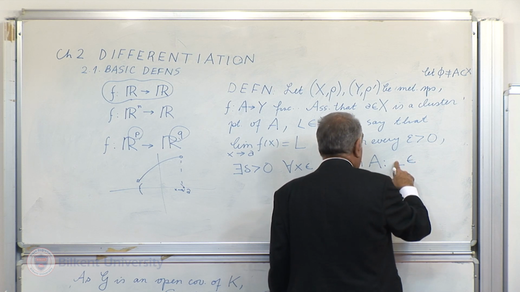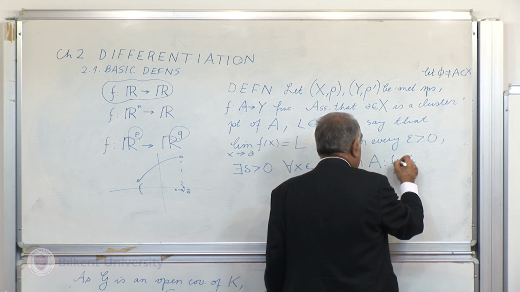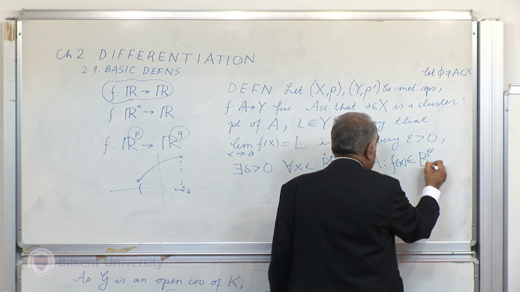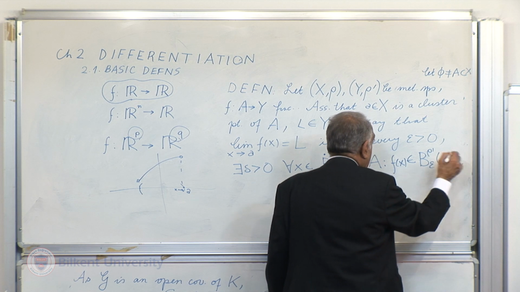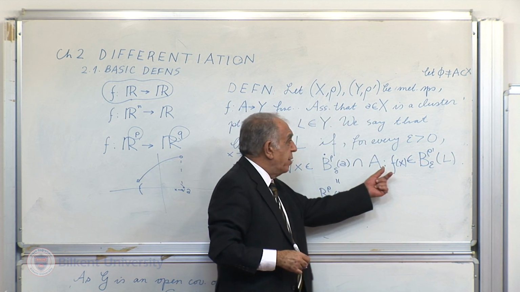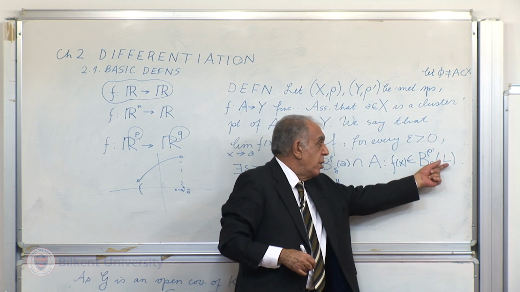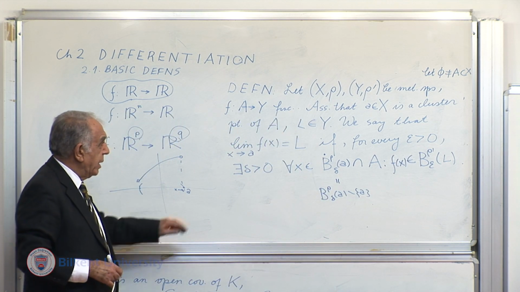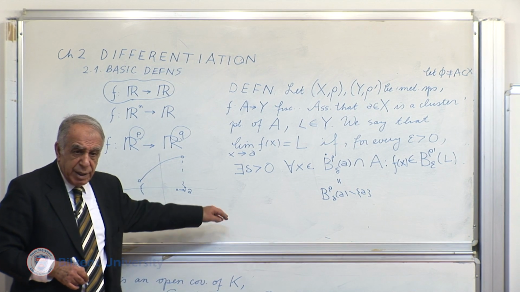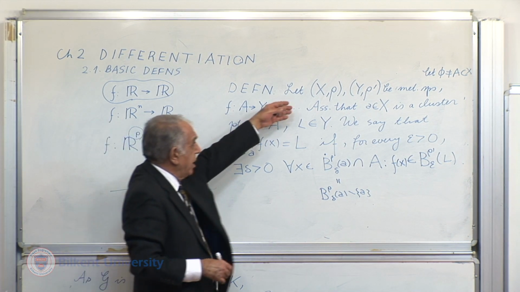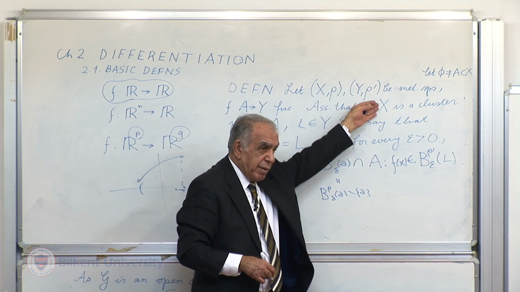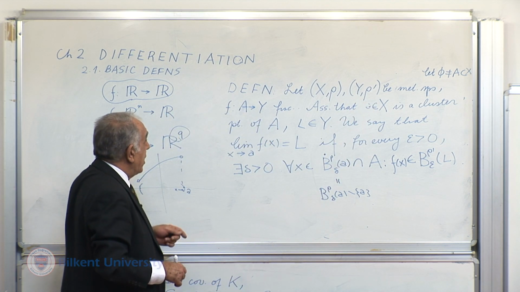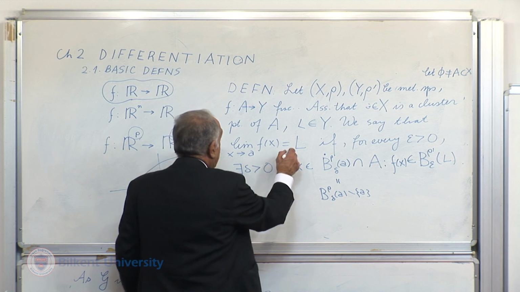That is f of x will be in the epsilon ball about L in rho prime. f of x should be epsilon close to L according to rho prime. So this is just a standard definition in calculus, but just this time we have modified it to X, rho, Y, rho prime.